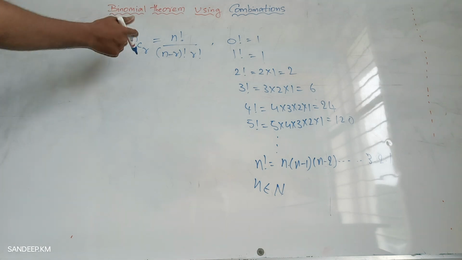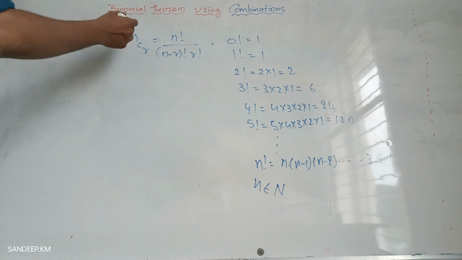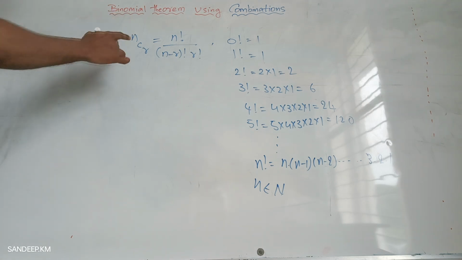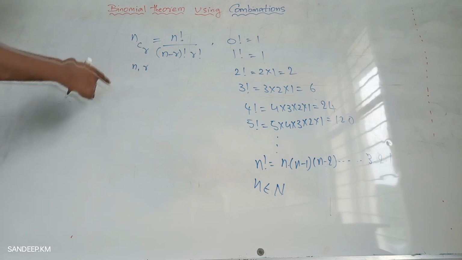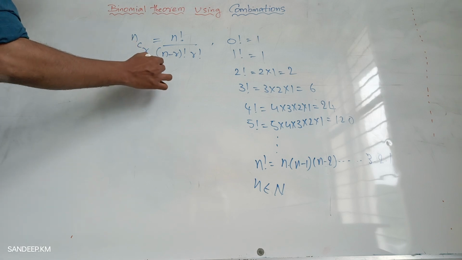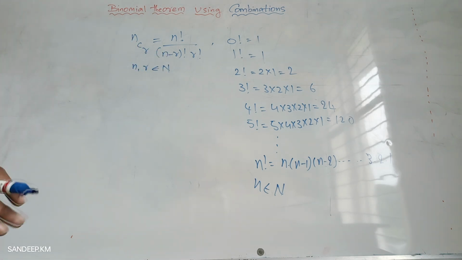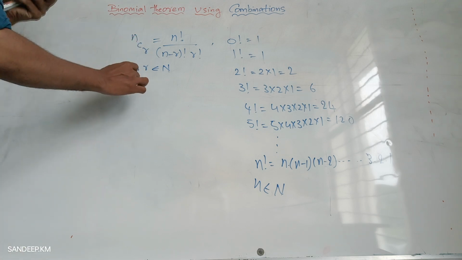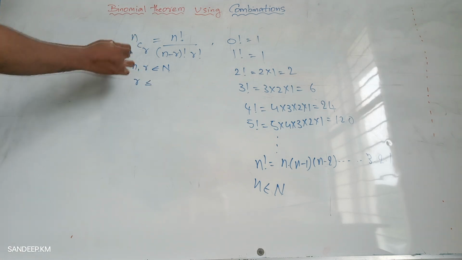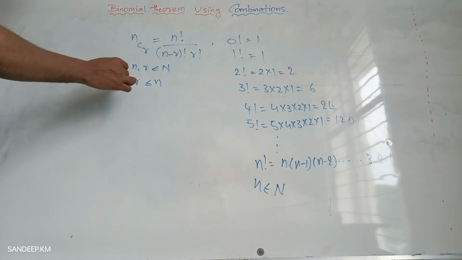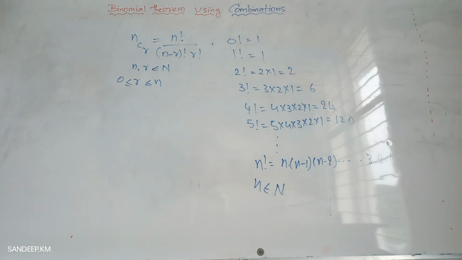Then what is nCr? For example, the conditions here: both n and r must be whole numbers or non-negative integers. This r should always be less than or equal to n, and this r should be greater than or equal to 0.